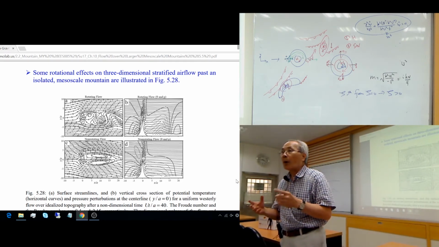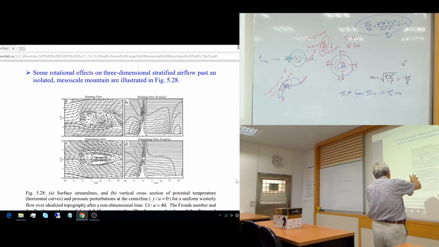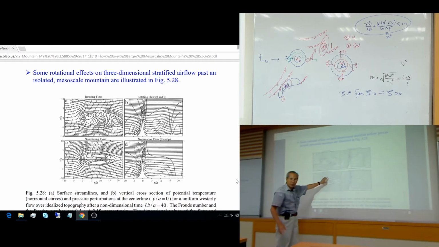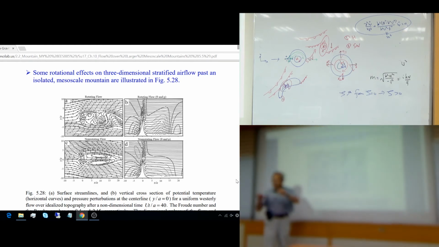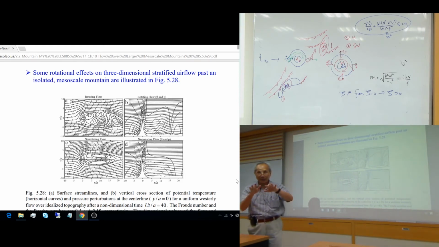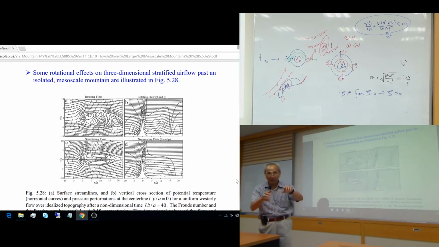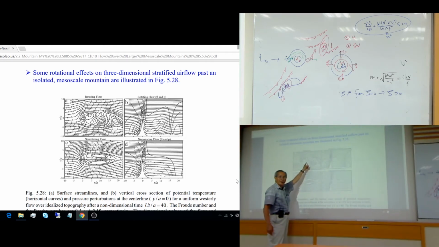And why? It's because the symmetry of the flow is being broken, so it becomes asymmetric. Once you get asymmetric, then you start to get the vortex shedding.